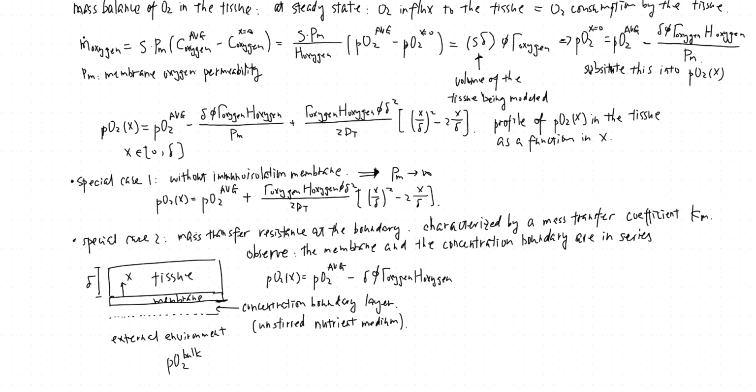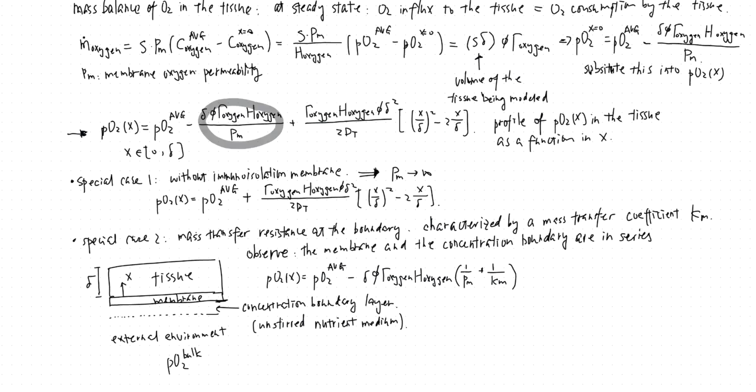Then you multiply by the sum of the two resistances, which is 1 over Pm plus 1 over Km. So you compare this with the equation, with the profile we were talking about. You compare with this term.